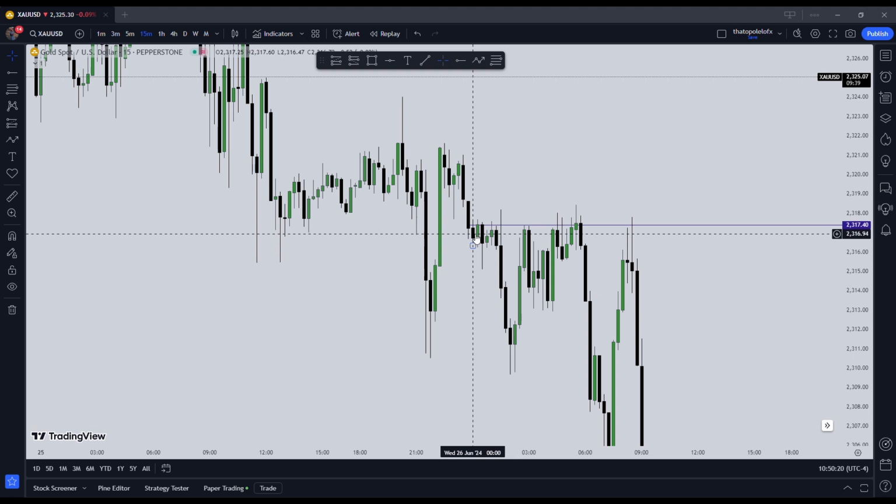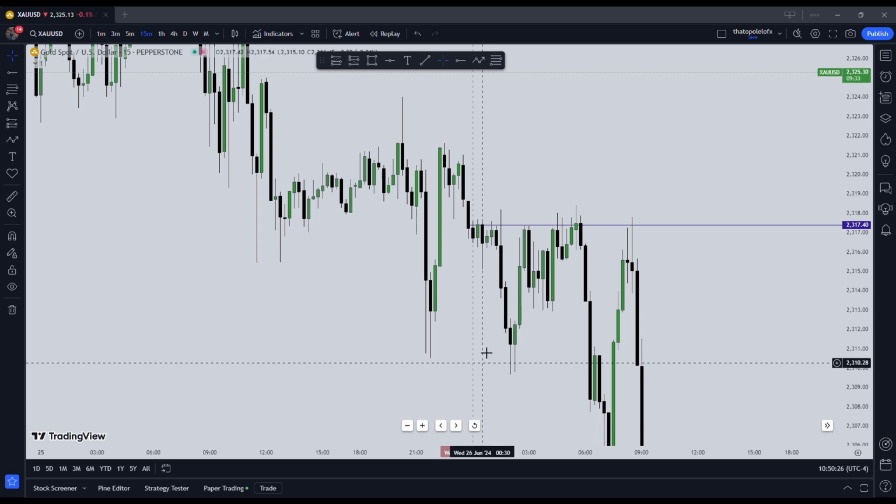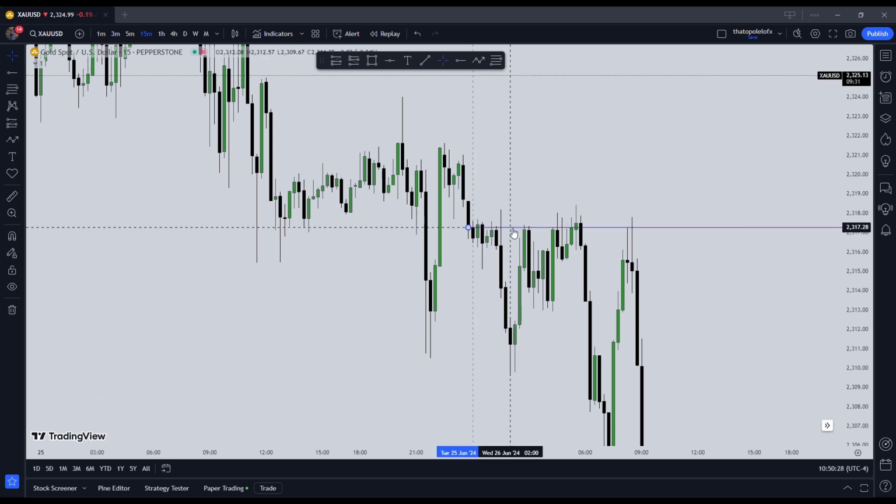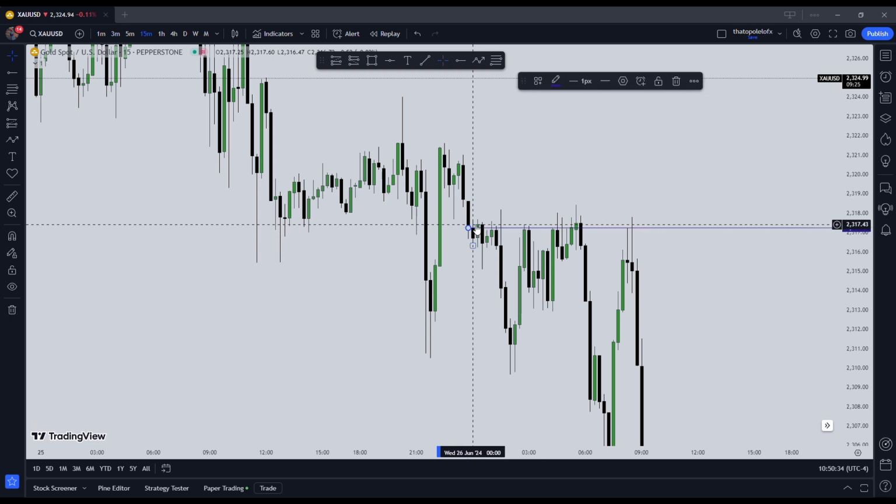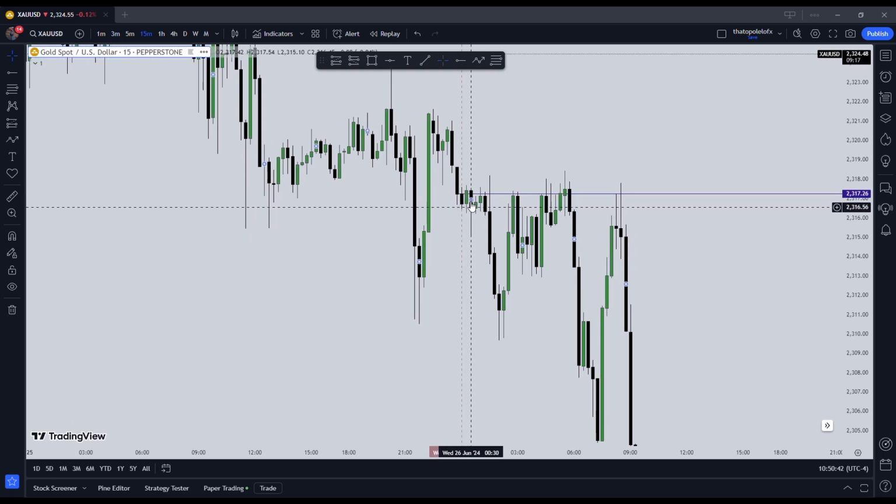The opening of a bearish candle is at the top. So where is the opening of a bearish candle? At the top, and a bullish one is usually at the bottom. The close is at the bottom.